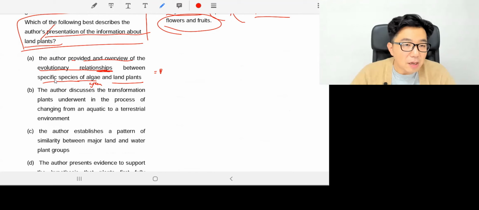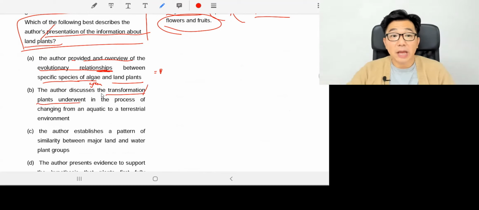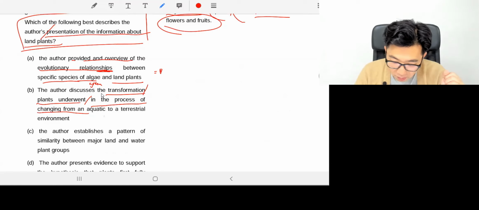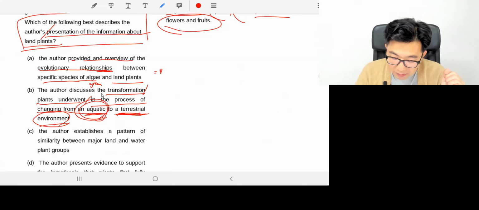Yeah. B, the author discusses the transformation. Plants went through transformation, adaptation, evolutionary change. So in the big picture, I really like this answer so far, okay? Underwent the process of changing from water organism to land organism, from water environment to land environment.